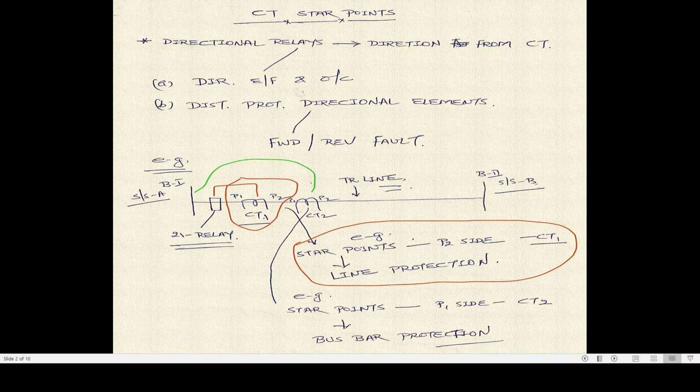Remember that the understanding of CT star points will help you to understand some of the most complicated concepts in case of 1.5 breaker schemes, where I am going to explain in the coming sessions how the CT star points are parallel for the main and tie bay CTs in case of transmission lines.